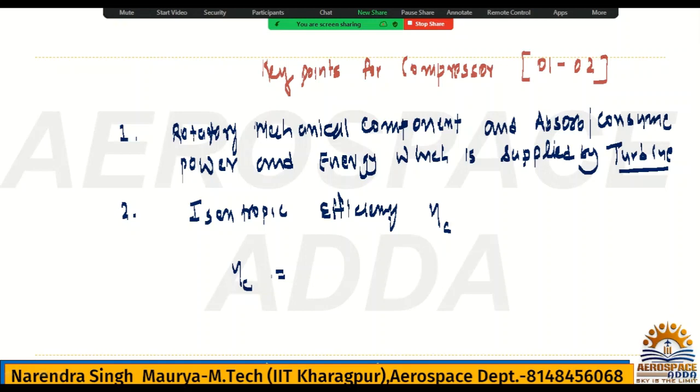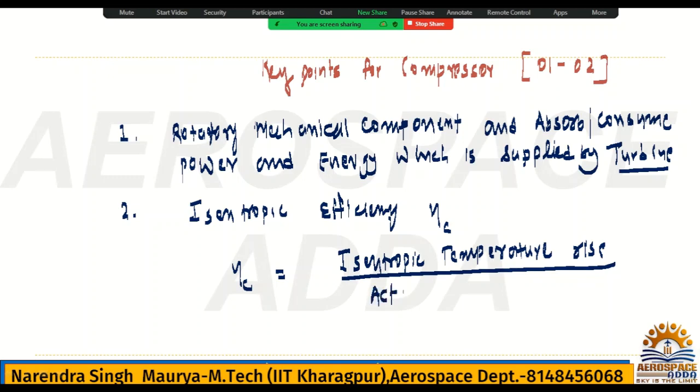What is the purpose? To rise the pressure. So what was the diffuser efficiency? If you remember, isentropic efficiency was isentropic rise divided by actual rise. Because it is isentropic efficiency, it will be related to the temperature rise: isentropic temperature rise divided by actual temperature rise.